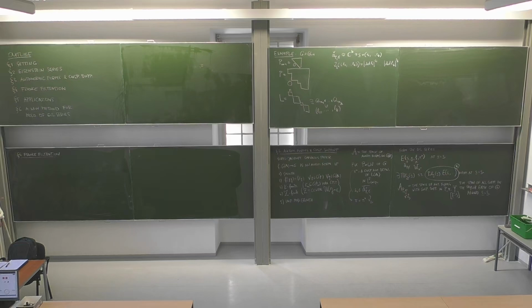So now I will define the filtration, not very complete with all the technical details, let's say, but to give you the idea how it works, and then we will see in the application section how we can use it to do different things. So the Franke filtration is a finite filtration.